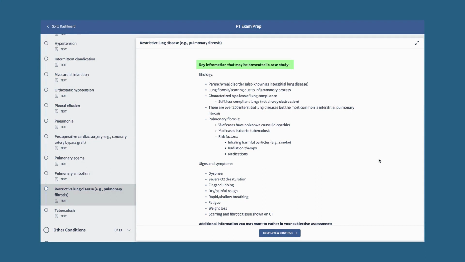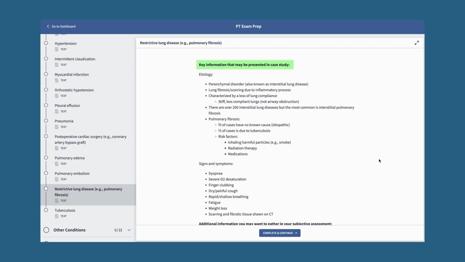So the key information that you should know about pulmonary fibrosis includes that it's a common type of interstitial lung disease. It is a parenchymal disorder where fibrosis and scarring of the lung tissues results in a loss of lung compliance. So the lungs are stiff and it's more difficult to expand the lungs to bring oxygen into the system. This is a restrictive lung disease.